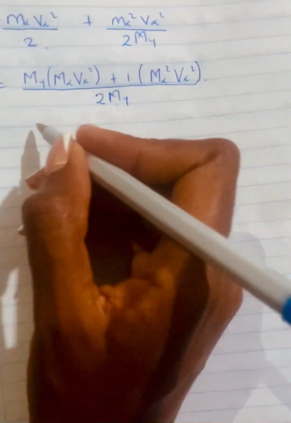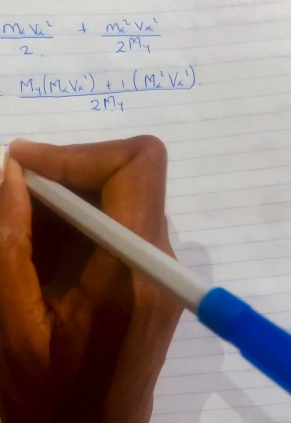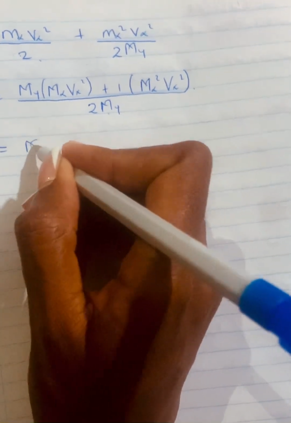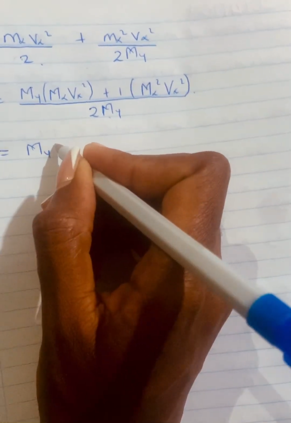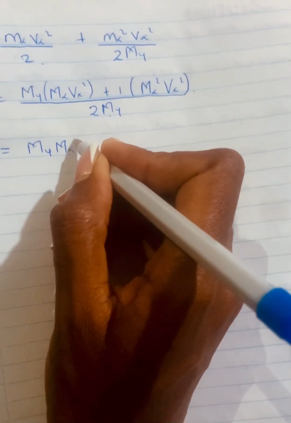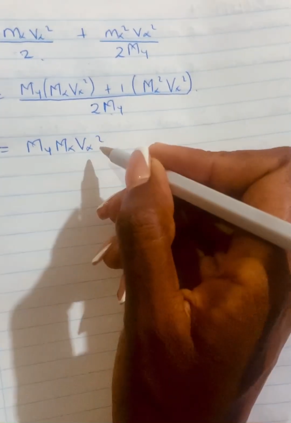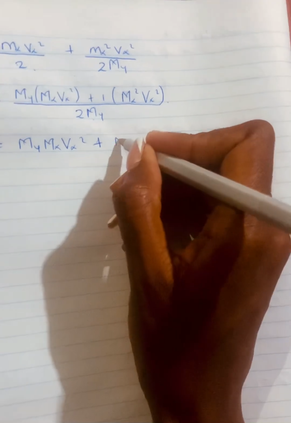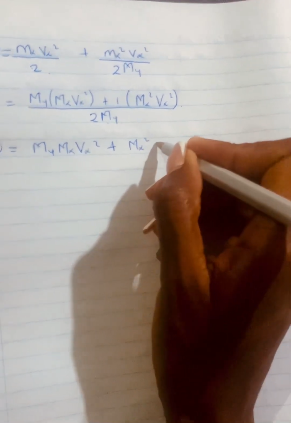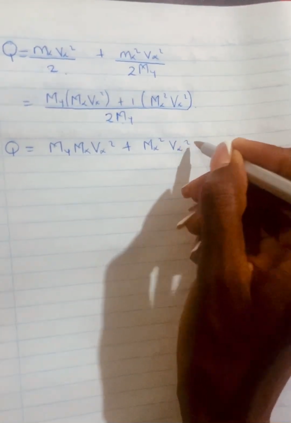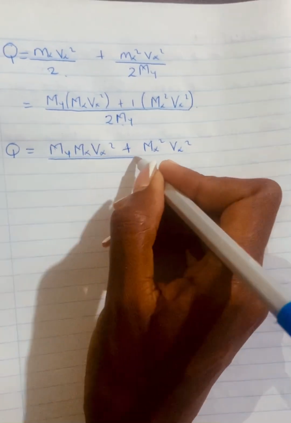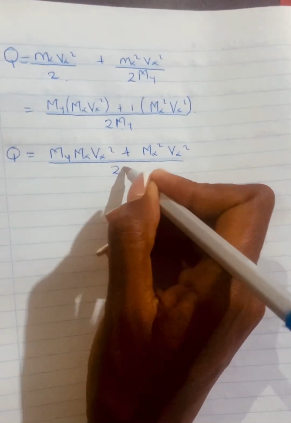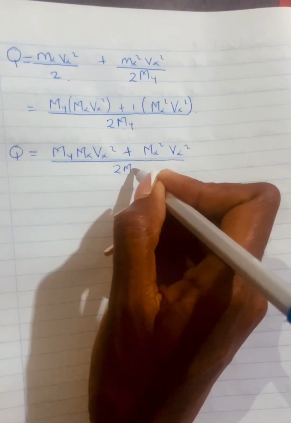So simplifying, this thing becomes Q equals m_Y m_alpha v_alpha squared plus m_alpha squared v_alpha squared all over 2 m_Y.